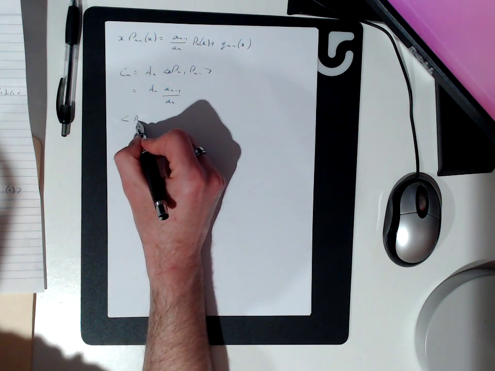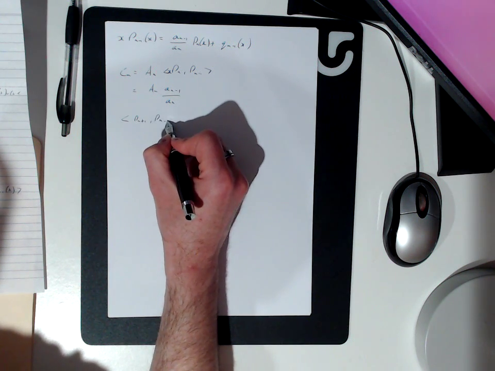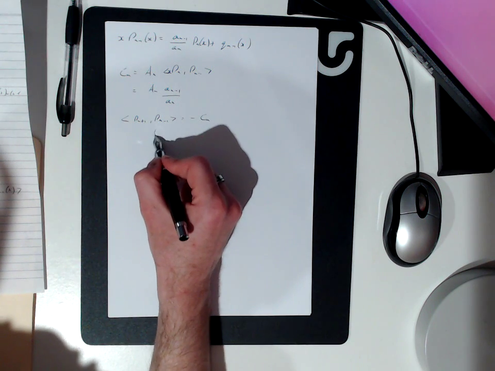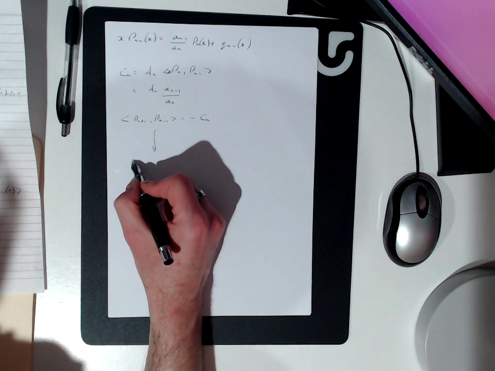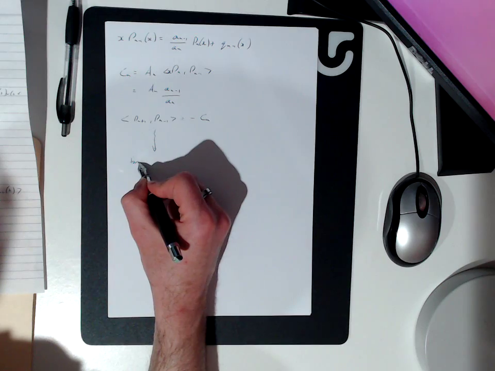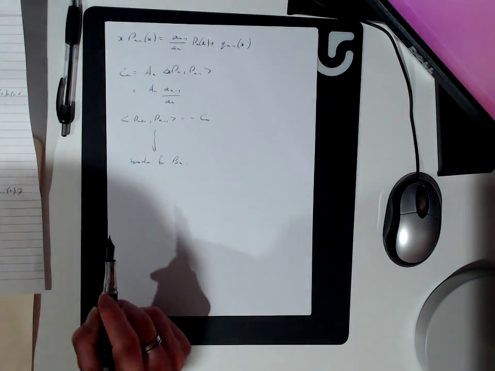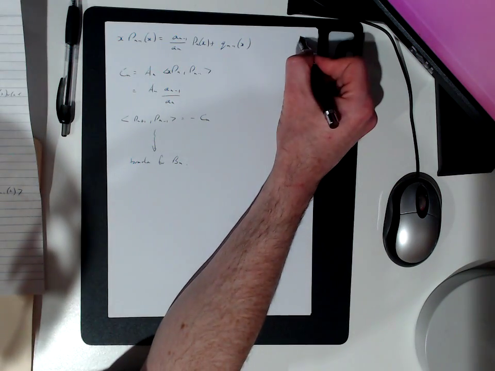So now we have the inner product of P(n+1) with P(n-1) is equal to minus C_n, which you can check, and after you follow that through, you'll get a formula for B_n, and it follows from substitution, and you should give it a go.